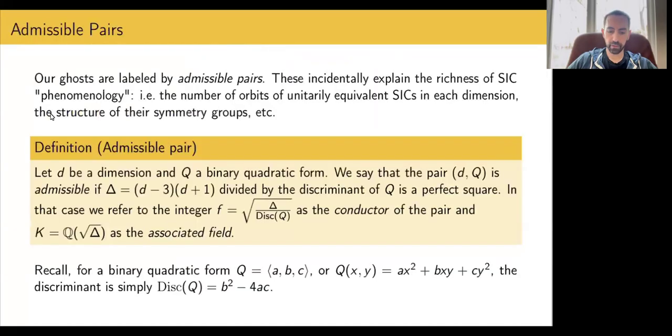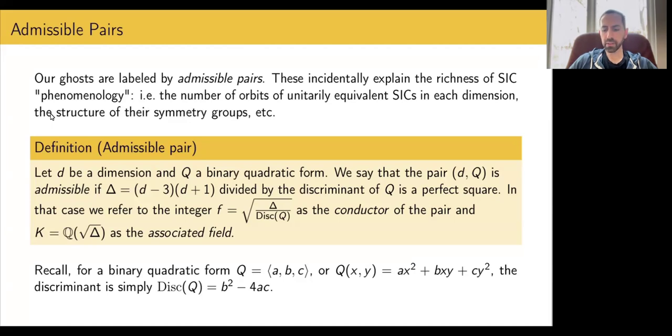Okay. So it turns out that the ghosts are labeled by something we call admissible pairs. More generally, in our paper, we call them admissible tuples. We'll talk about that. And this labeling scheme, incidentally, explains a lot of the richness of SIC, what we call phenomenology, which is basically the empirically observed properties of all of these exact solutions that people had constructed over the last 25 years.